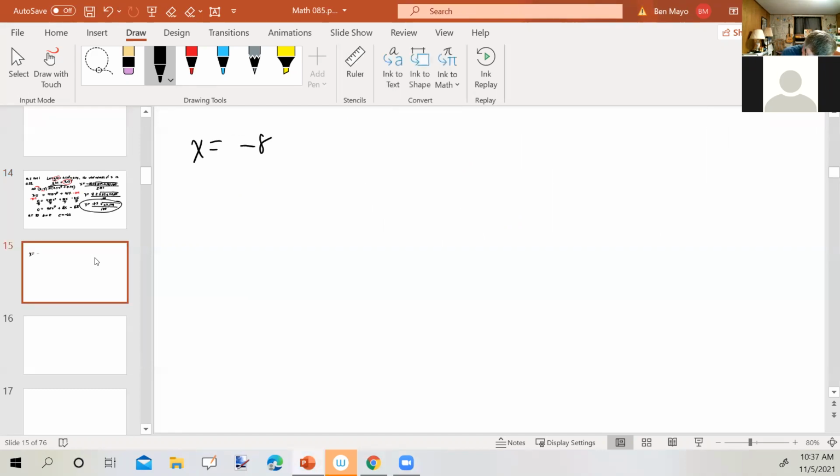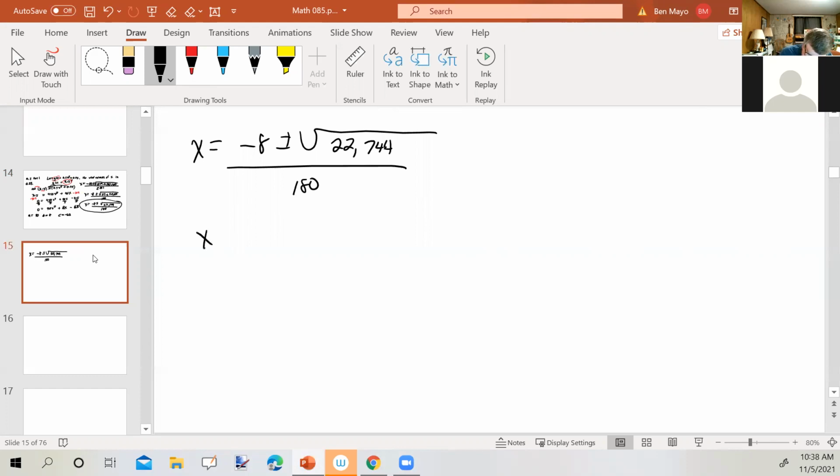x equals negative 8 plus or minus the square root of 22,744, divided by 180.